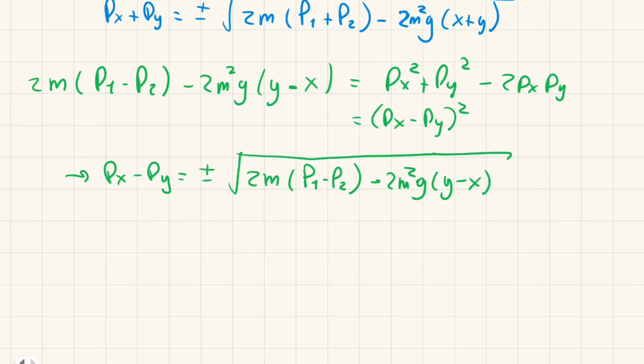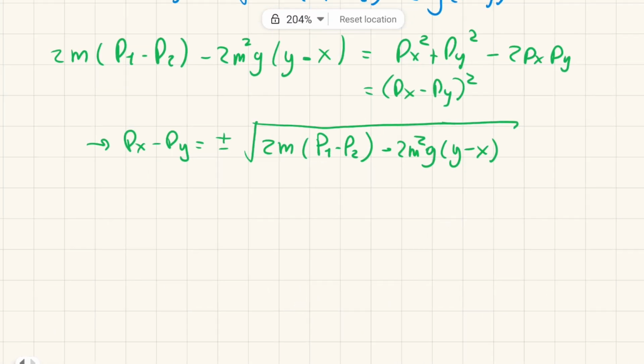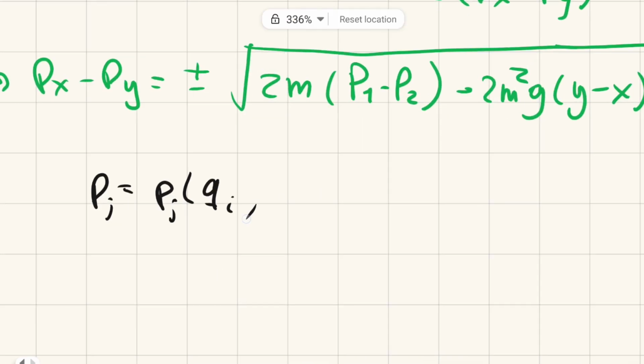Okay, so here is where the second part of Liouville's theorem comes in. It tells us that if we are able to find a function little p, let's say pj, in terms of the q's and the upper p's, and maybe the time, well, this is the second part of the theorem.